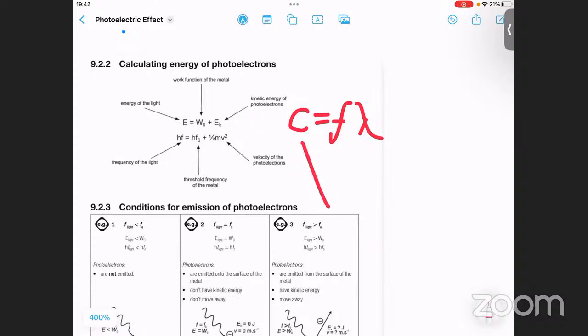And that speed of light is a constant value, being 3 times 10 to the exponent 8 meters per second.